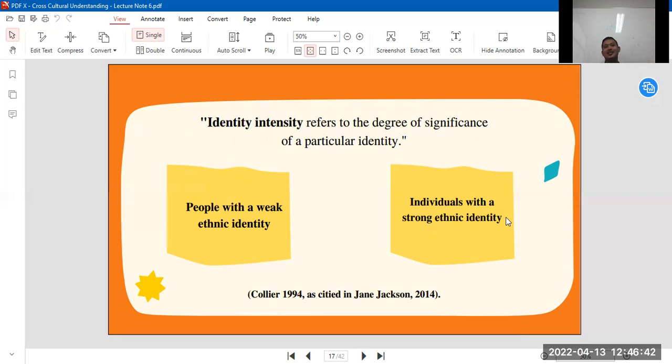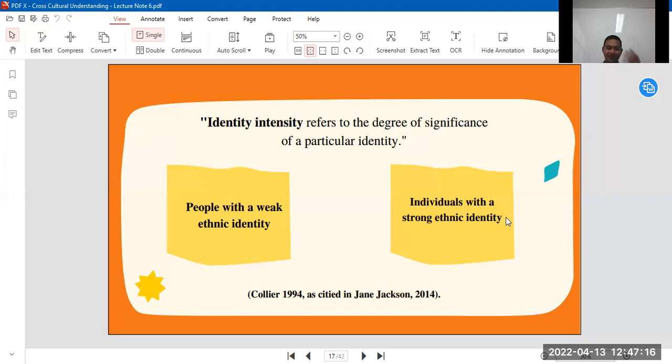In contrast, individuals who have a strong ethnic identity may wear the same clothes or the same dress as the majority, or they may even actively participate in the same ethnic community events, and maybe they also use the same language.